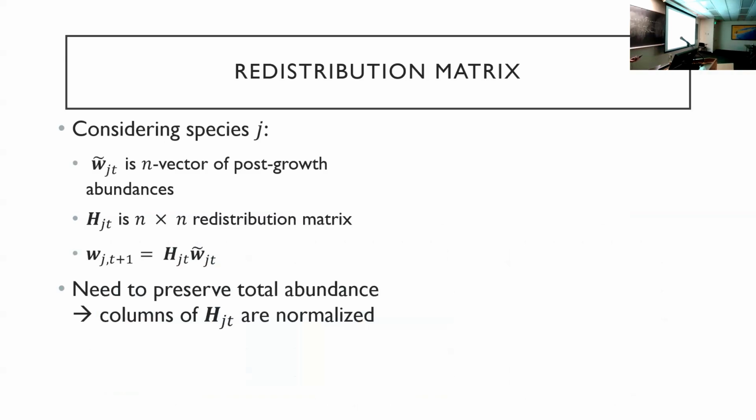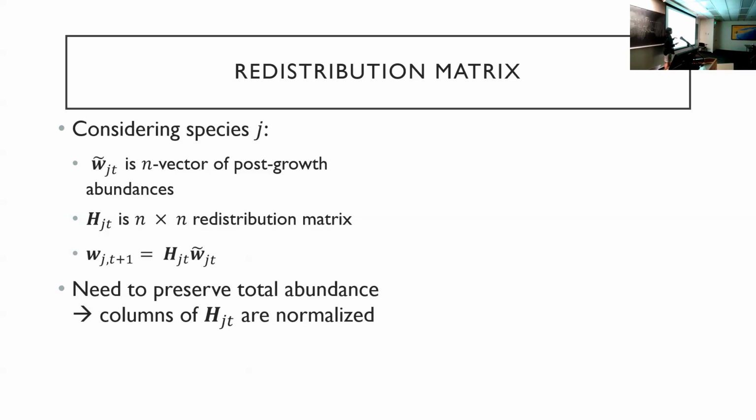I think last slide with math could be it. So this is where we are on the previous slide. We have these post-growth abundances that I just talked about. So after interactions, after ESI, we've got these abundances. I'm collecting them all for species J into one big vector. Then all I'm doing is defining a matrix H that tells me the probability or the chance of moving from one unit to another unit in the map.